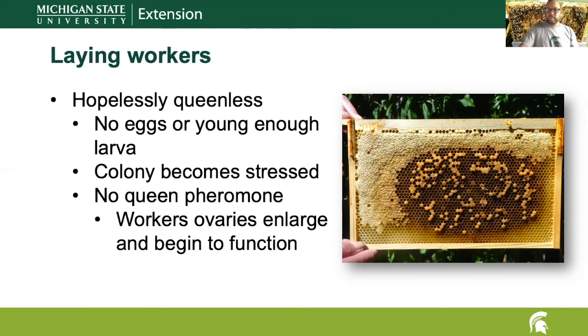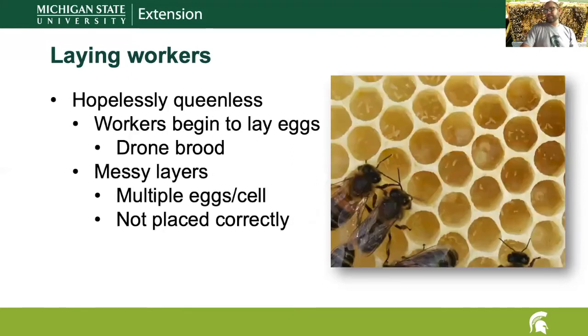Now, let's talk about that a little bit. Well, if we refer back to our biology lecture, you'll know that yes, workers are females, and you should all know that. The other thing that you may not know is that they can lay eggs, but they lay unfertilized eggs because they've never been mated like a queen.